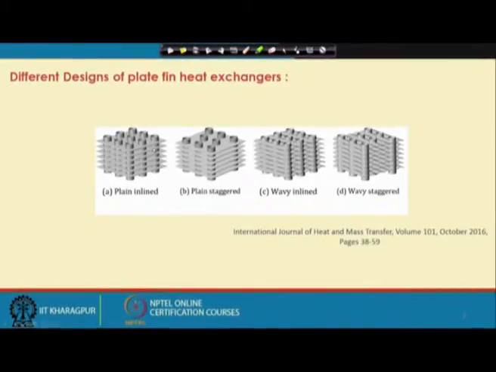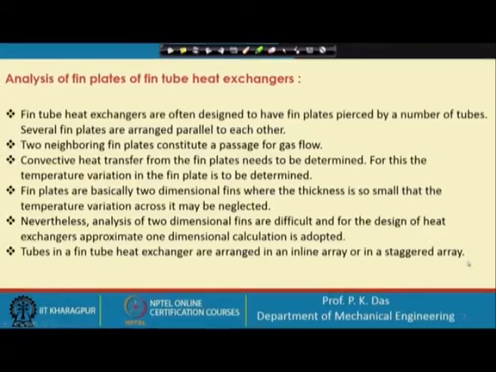Between two plates there will be a passage, and through that passage will be the flow path of the gas stream. But you see this passage is not unobstructed, because the outer surfaces of some other tubes are coming in between. This is one kind of passage, this is another kind of passage which is wavy, and this is a plain passage, something like that we will get. So, if we go back, several fin plates are arranged parallel to each other.